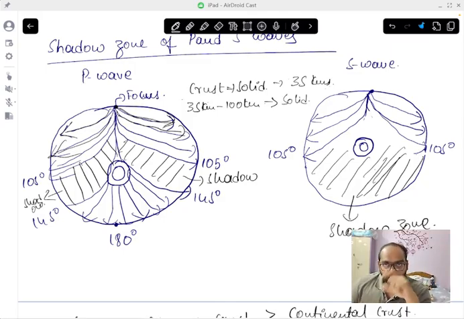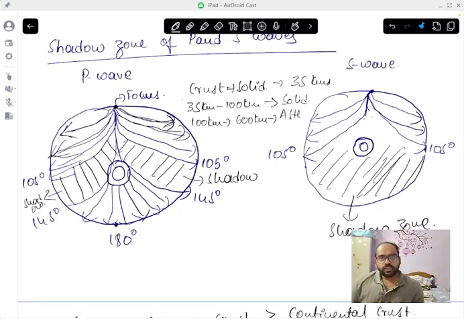Okay, beyond 100 kilometers, that is from 100 kilometers to 600 kilometers, there is the asthenosphere, because P and S wave speed has reduced.